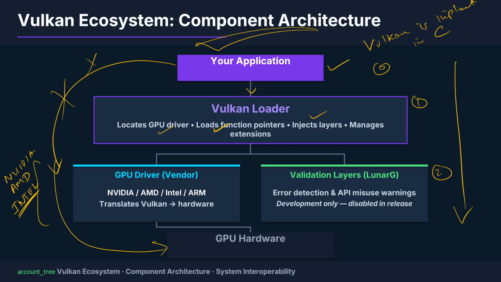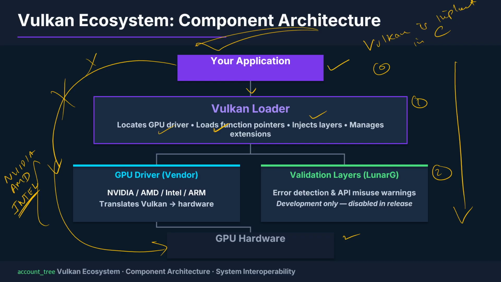This is the layer where your Vulkan commands get transformed into hardware instructions. The last part is the GPU hardware, but before that, this is where your Vulkan instructions get changed into hardware instructions.